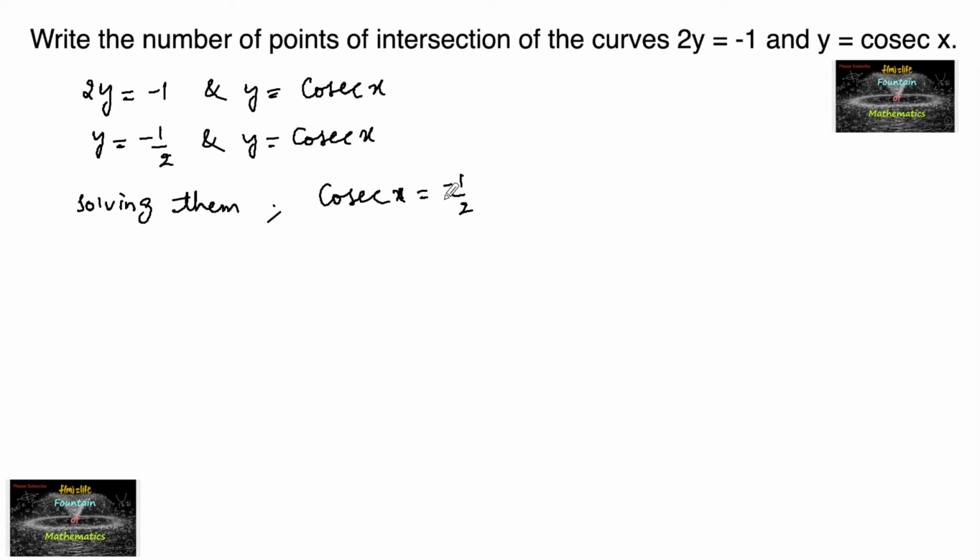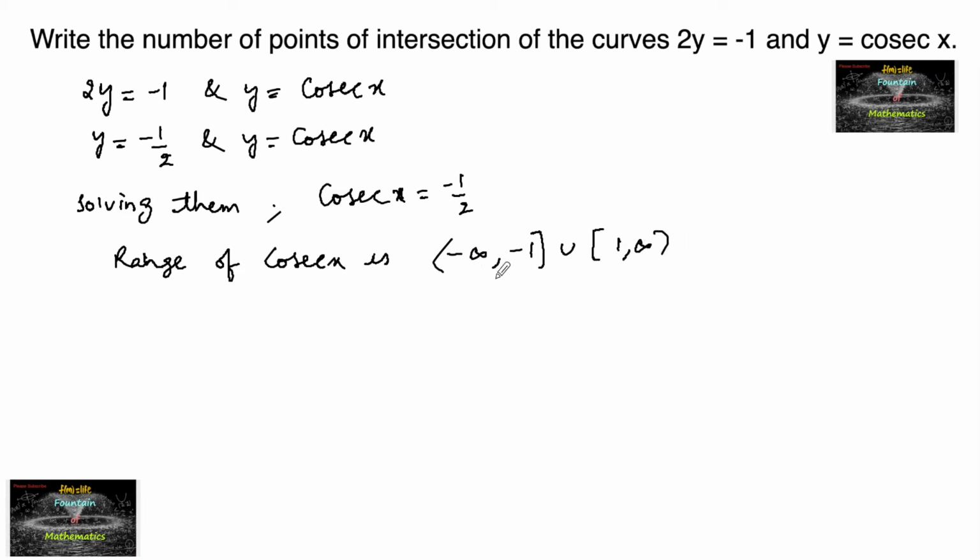Which is not possible because the range of cosecant x is minus infinity to minus 1 union 1 to infinity.